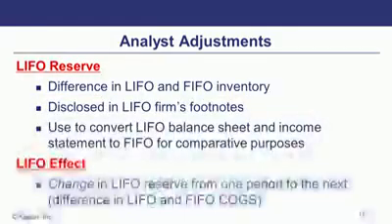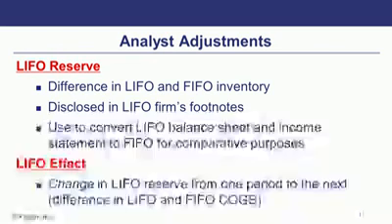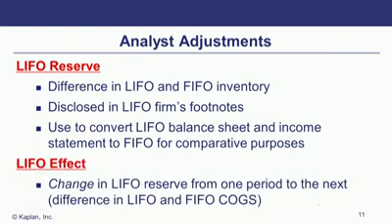Now remember, LIFO is effectively banned under IFRS, so you're not going to see it. It's not an issue for IFRS-led companies. But certainly it is for US-led companies. Now, if you are a company using LIFO in the US, then you have to disclose the LIFO reserve in your footnotes. And the LIFO reserve is simply the difference in your ending inventory valued under LIFO and valued under FIFO.